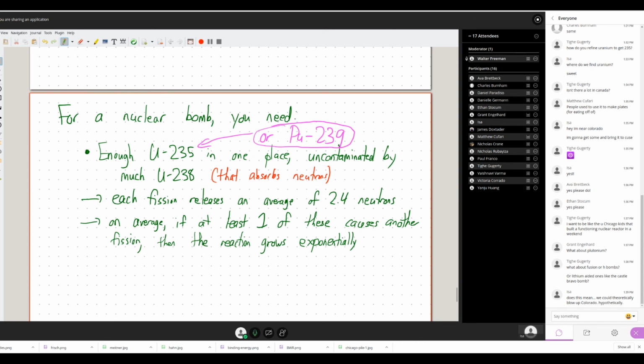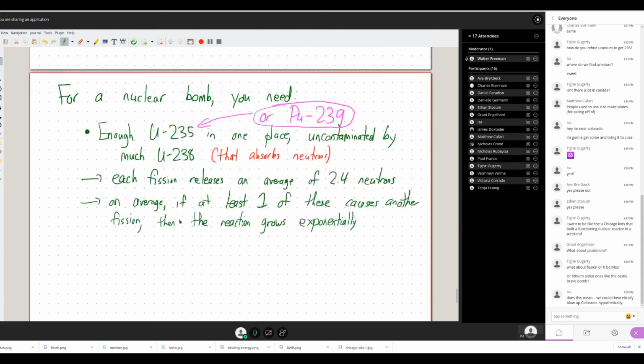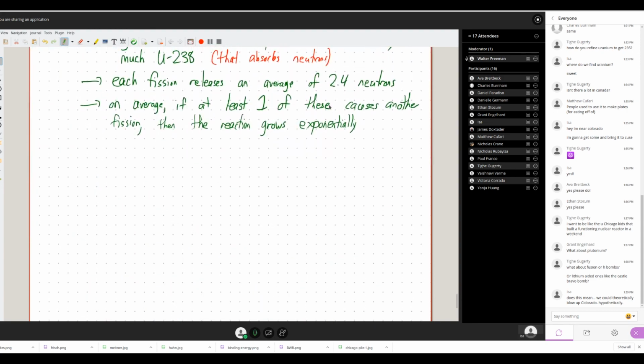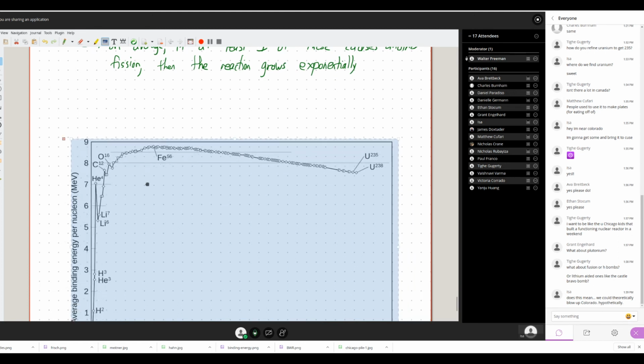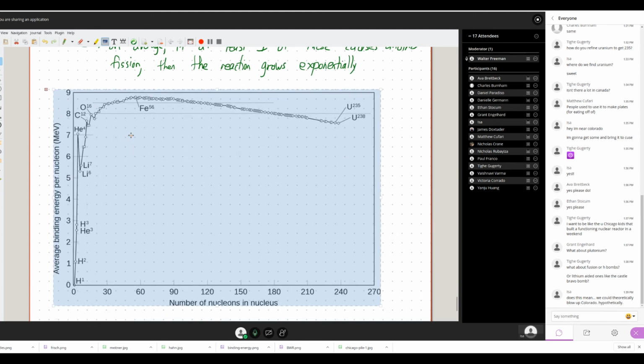So what are these other things? What about fusion or H-bombs? Nuclear fusion I have not talked about yet, but it turns out that if you take very light atoms, we'll just stick this picture here. Here is a plot that I sketched for you before, but now I have it actually graphed. Isa, I'm going to come back to blowing up Colorado.